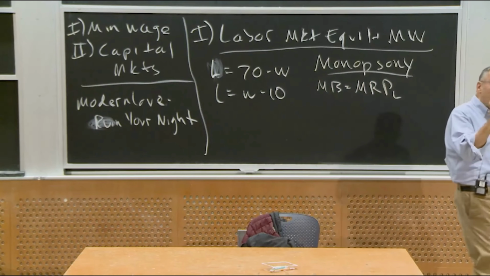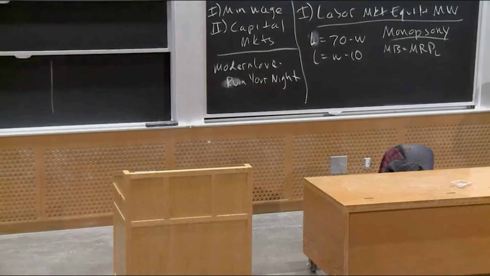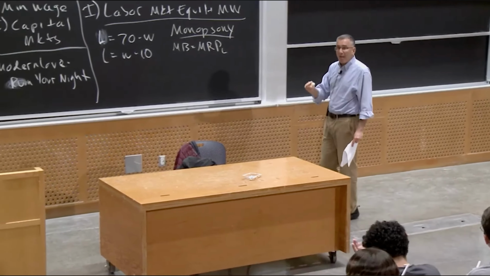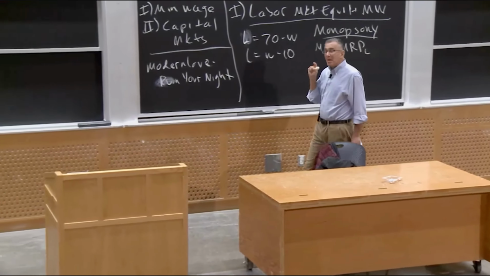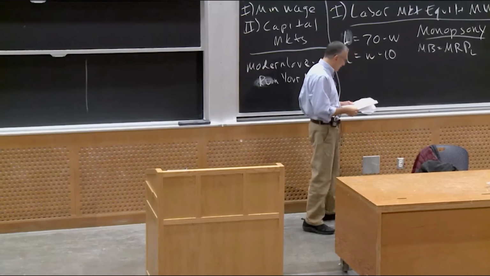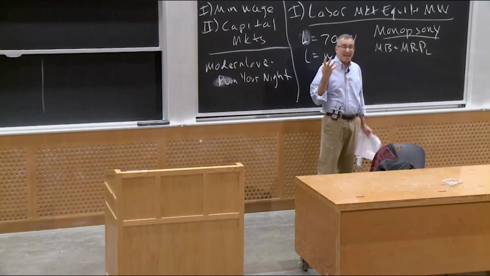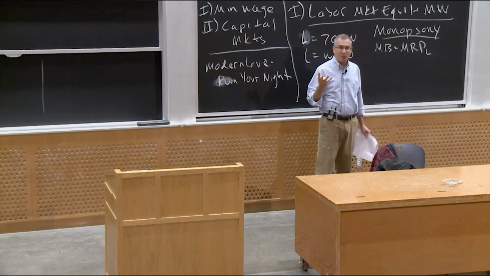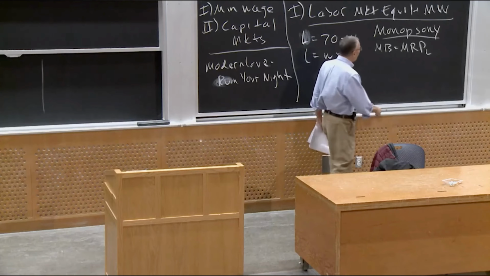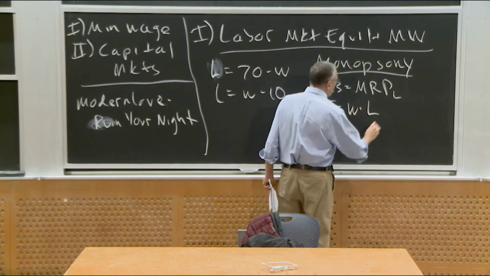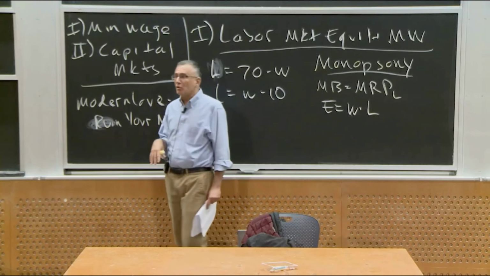In a perfectly competitive labor market, I didn't say last time I was assuming that, but I was. In a perfectly competitive labor market, the wage is the cost. But in a monopsony market, that's no longer true. To see that, we want to ask, what's the marginal cost? The marginal cost is the marginal expenditure to get another unit of labor. What's your total wage bill?